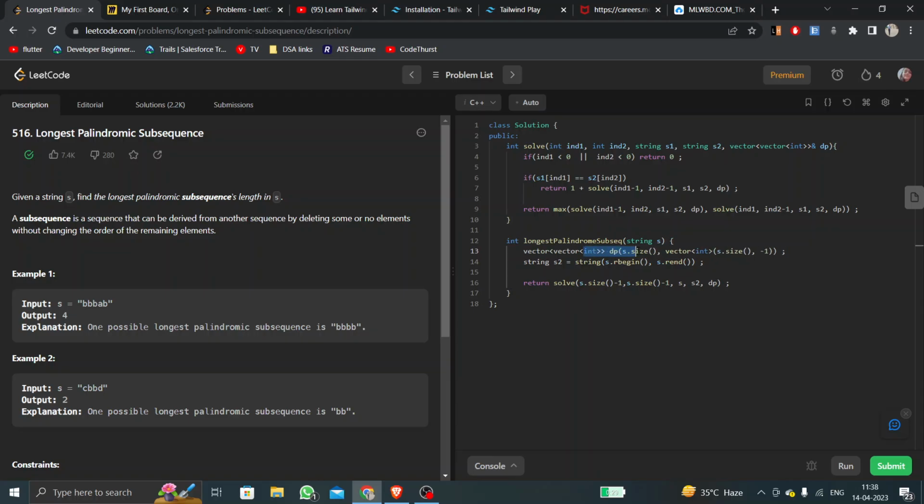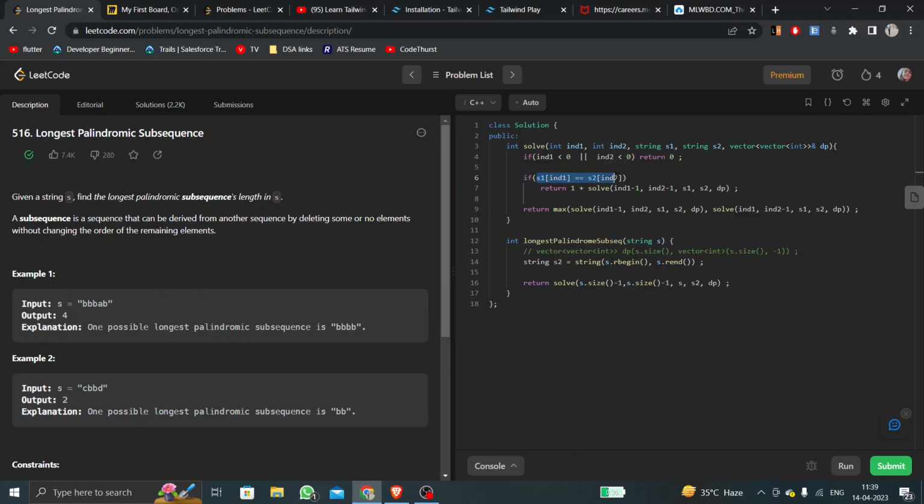Let us not focus on this part. Here I have stored the reverse of string 1 in a string s2, and I'm traversing from the end of these two strings.